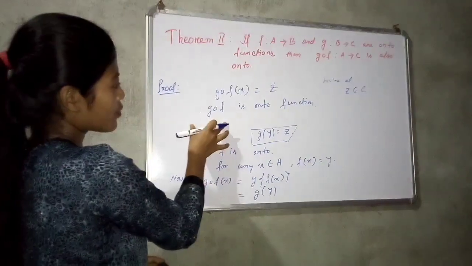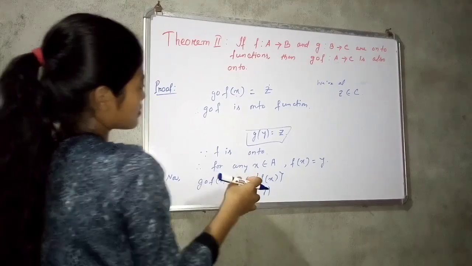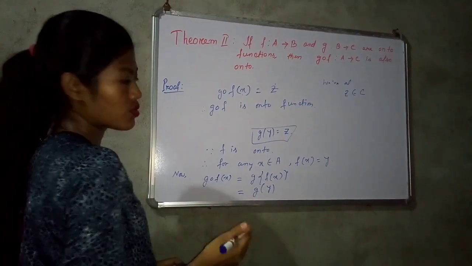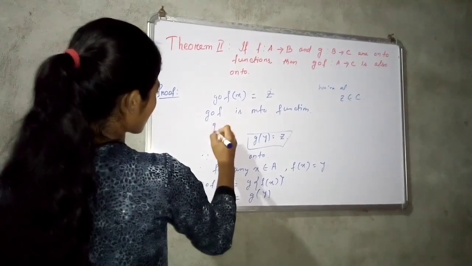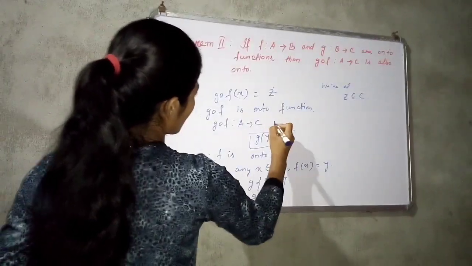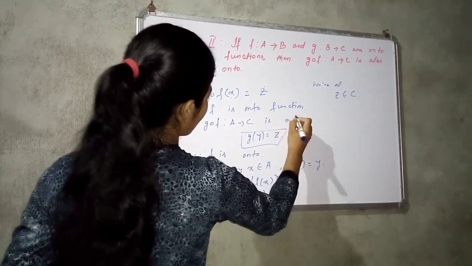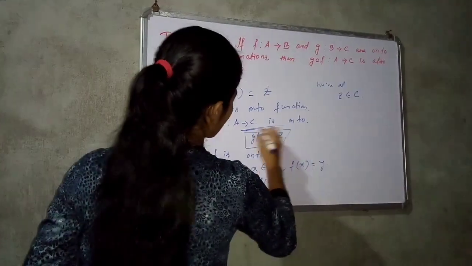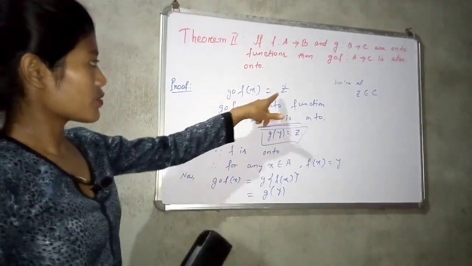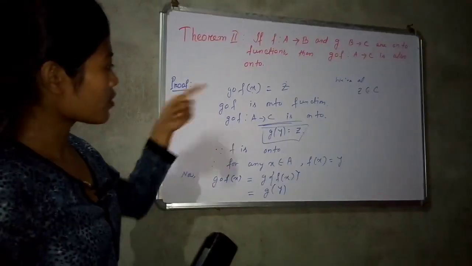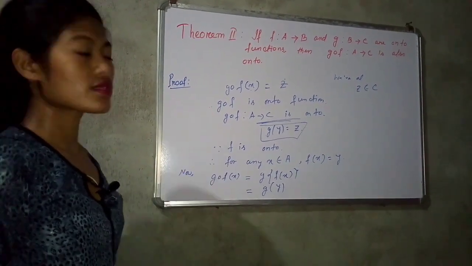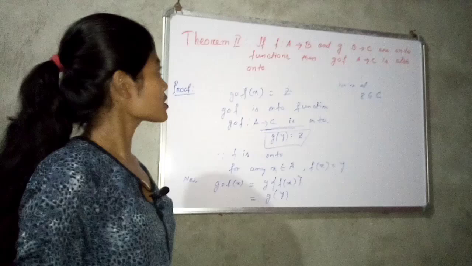This is fulfilled whenever we are given that g and f are two functions which are onto. Therefore, this composite function g naught f from A to C is onto. Here is the solution: g naught f of x equal to z. Finally, we have got this. Therefore, we can directly say g naught f is an onto function. This is theorem 2.